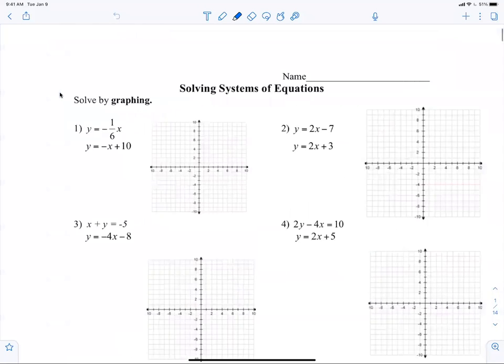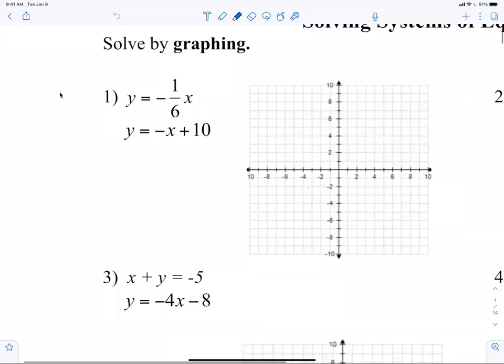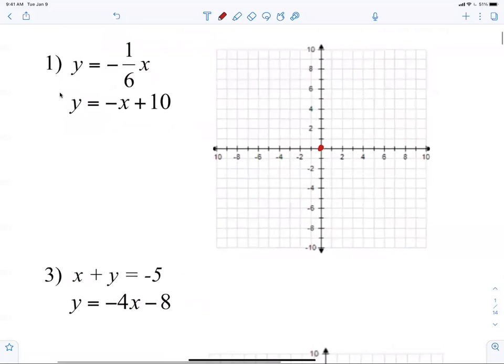So here we go. So graphing -1/6 x, what do I need to do? Plot what? 0. Thank you. You have to plot the y-intercept first. Then from there, I go what? Down 1 to the right 6.